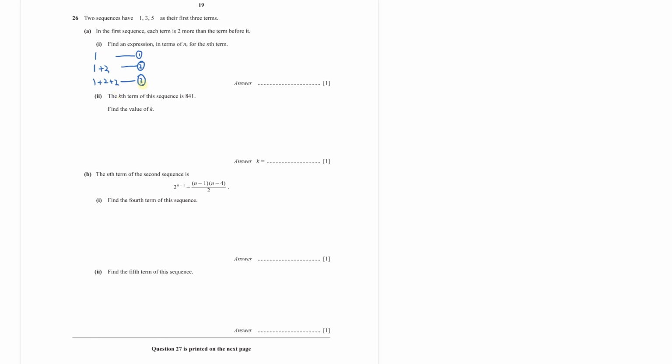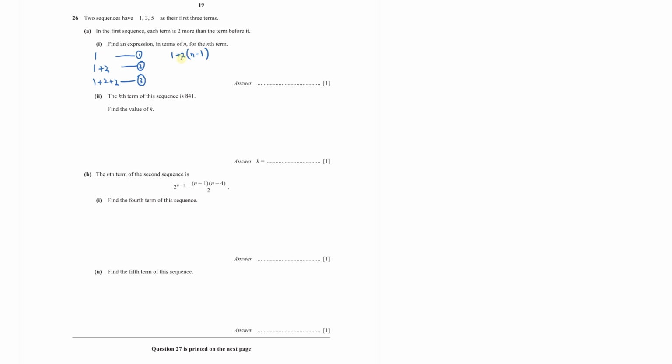So if you're looking for the third value, you will add 2 two times to the first value. To find the second value, you will add 2 just once. So how many times are you adding 2? You're adding 2 n minus 1 times, so (n minus 1) times 2.